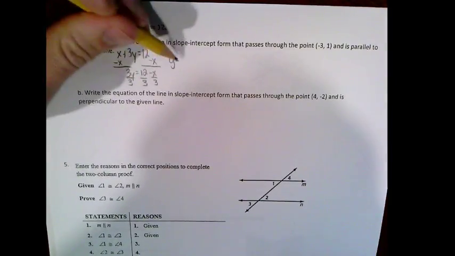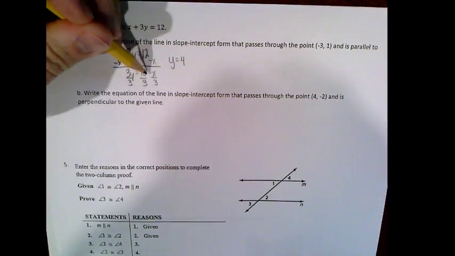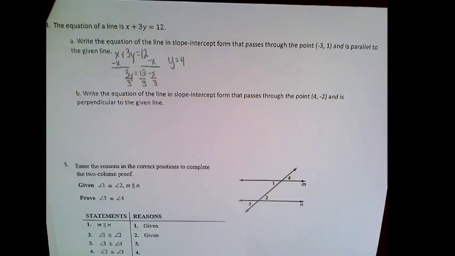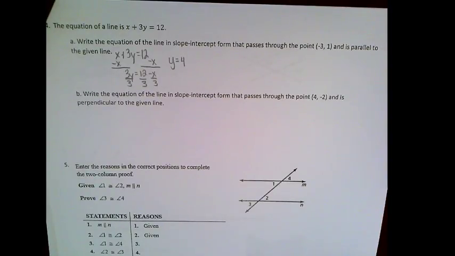So 12 divided by 3 is 4. That's a tricky part right there. Negative x divided by 3. Does anybody want to put in the comments what that should be? I'll give you a hint just on the sign.